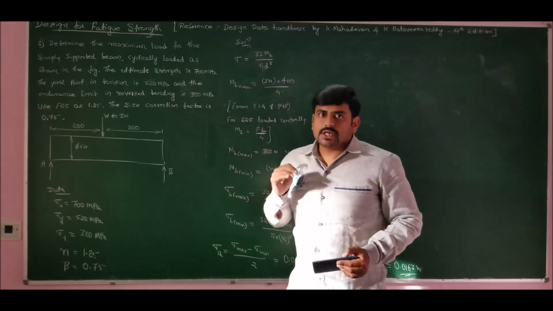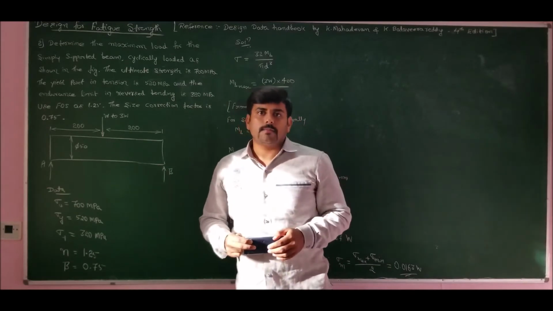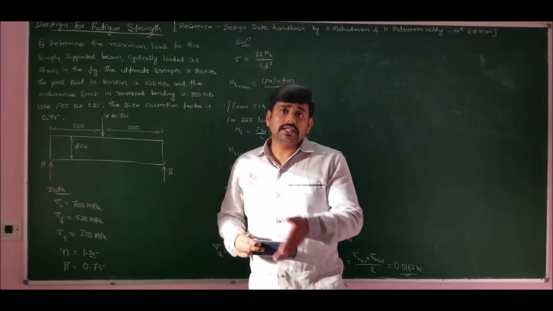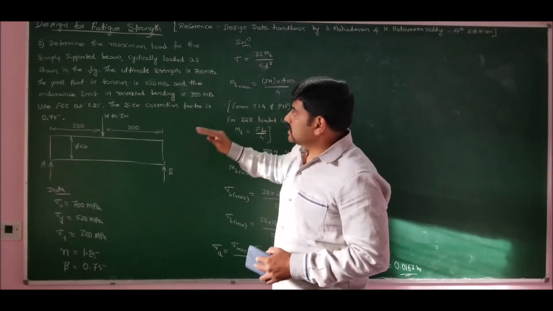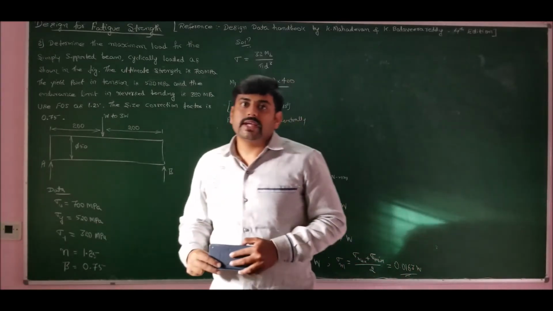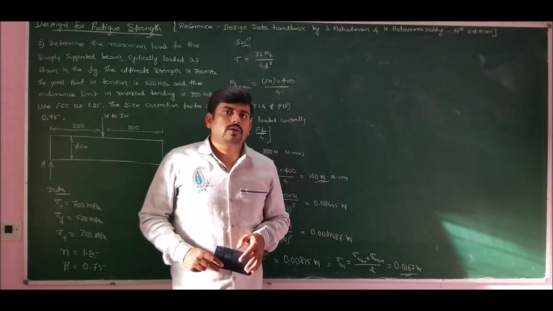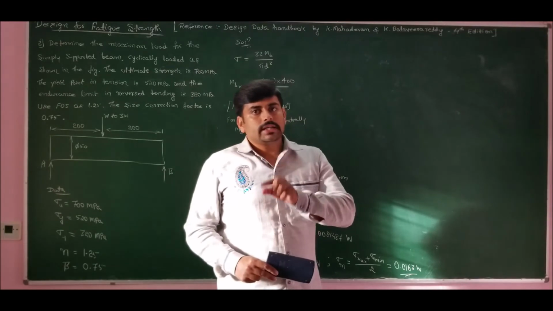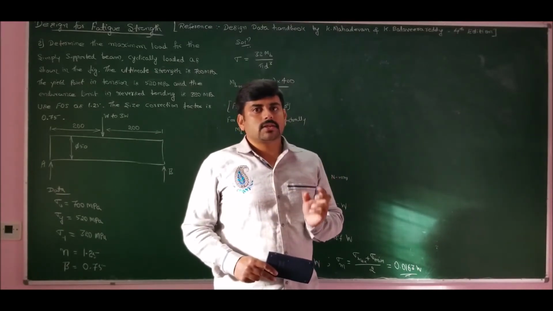During such cases, always give preference for Soderberg, because Soderberg is safer, because it depends on yield strength. Because for brittle materials we won't specify yield strength, we specify only ultimate. Only for ductile materials we specify both yield stress as well as ultimate stress.